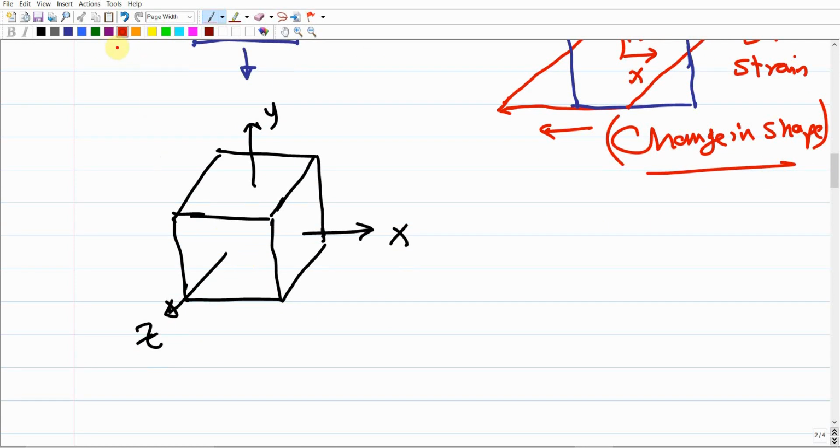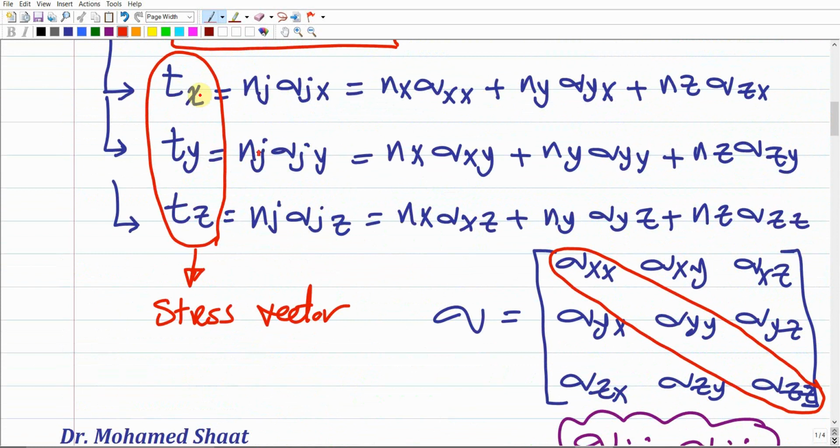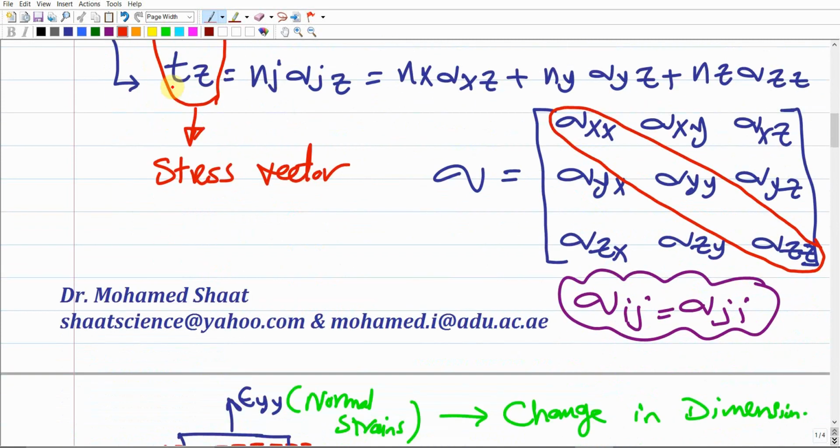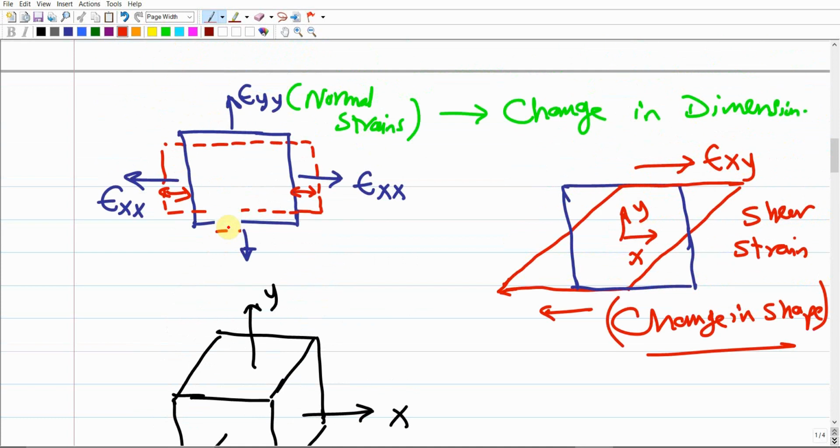Then let us assume that we have some force. For these surface forces, we have Tx, the surface traction that is going to act on all the surfaces of this box, not just one surface.